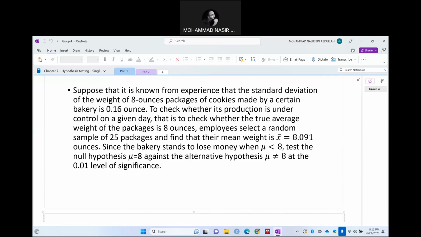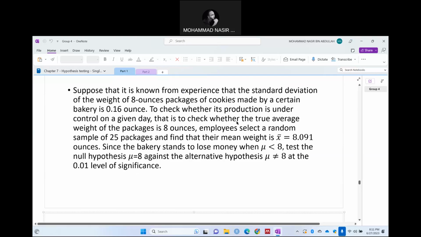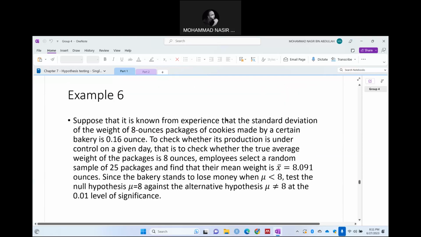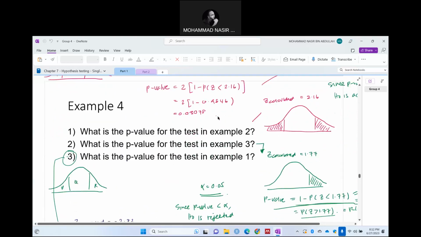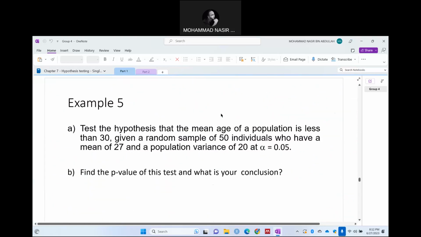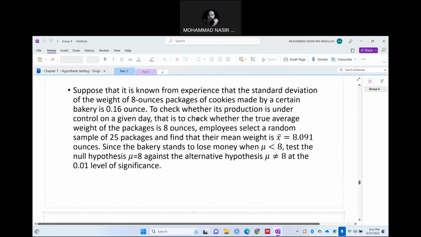Then we looked at how to make a decision by the critical value approach, and another one is the p-value approach. We have looked until example number 4. I have many examples in my slide, so you should do example number 5 and 6 on your own.